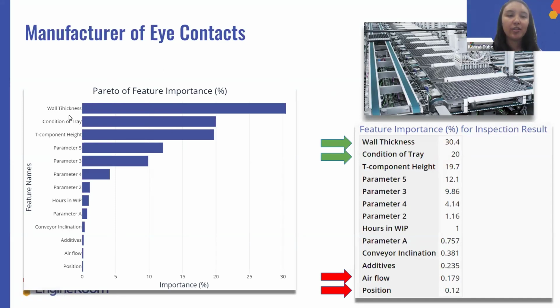So for example, the wall thickness, the condition of the tray, T component height, and as you go down, you'll see that some of them were more important than others. And in this case, if we just pull out the numbers themselves, the wall thickness was 30.4%, and the condition of the tray was 20% importance in this case. The airflow and position, which is what the original hypothesis was, wasn't shown to be as important.